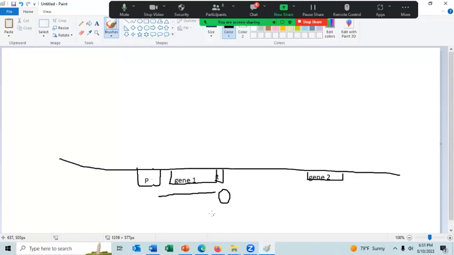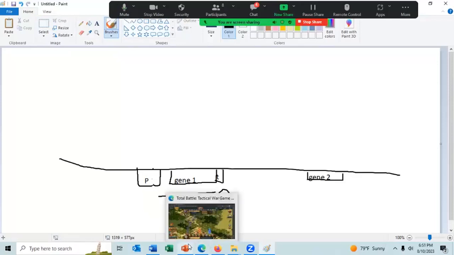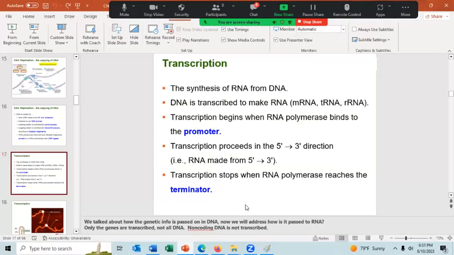In a prokaryotic cell, this is already in the cytoplasm. I think that's it. So transcription stops when the RNA polymerase reaches the terminator. The terminator codes for the RNA polymerase to fall off the DNA.